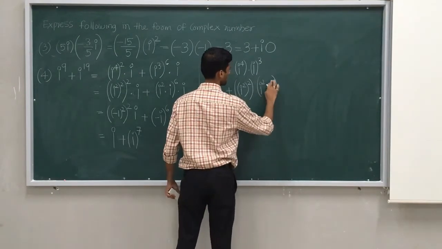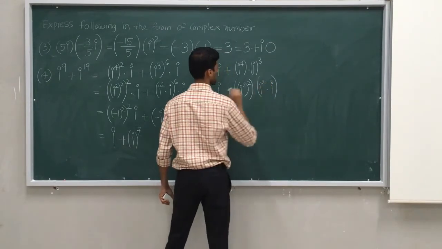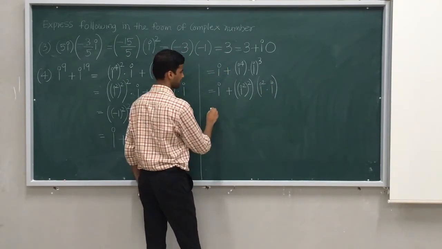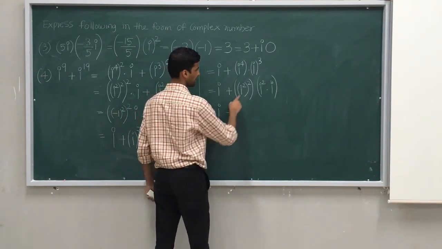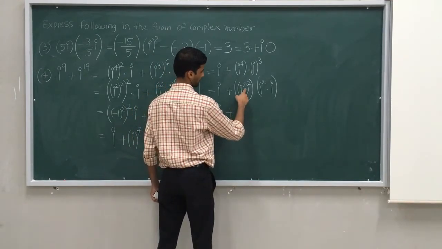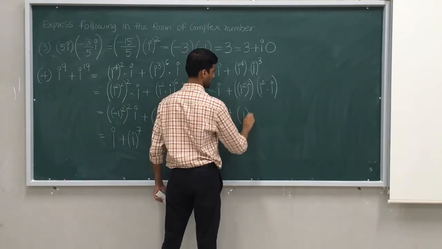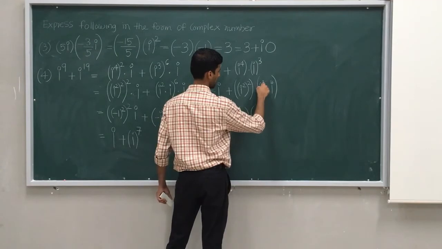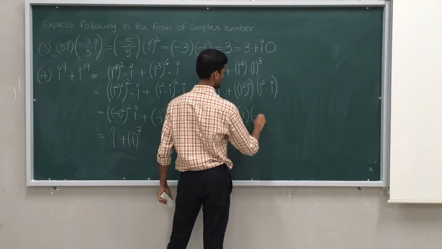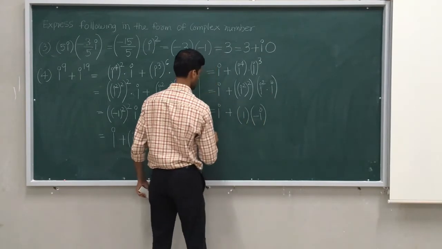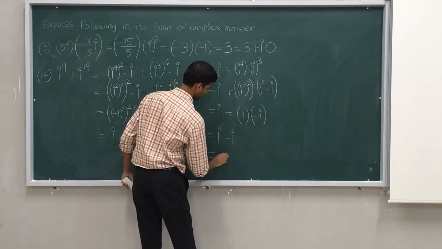Okay, don't confuse with this. This i square into i. So which is nothing but i plus, okay, i square is minus 1. Okay, minus 1 the square is plus 1 into i square is minus 1. So minus 1 into i is minus i. So it is nothing but i minus i. Your answer is 0.